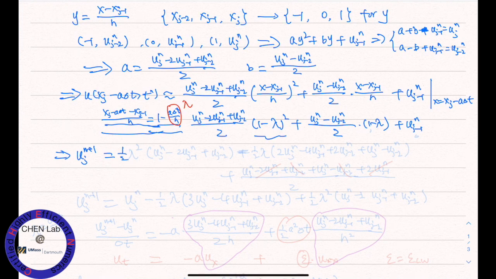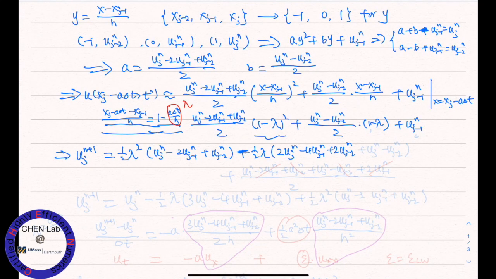Okay, so you're going to get 1/2 lambda squared, all right, times that u_j^n minus 2 u_{j-1}^n plus u_{j-2}^n. Okay, and the lambda term, so we have minus 1/2 lambda. All right, you're going to get, there's a 1 minus 2 lambda there, so there's 2 u_j^n minus 4 u_{j-1}^n plus 2 u_{j-2}^n, right? Take care of the first term.